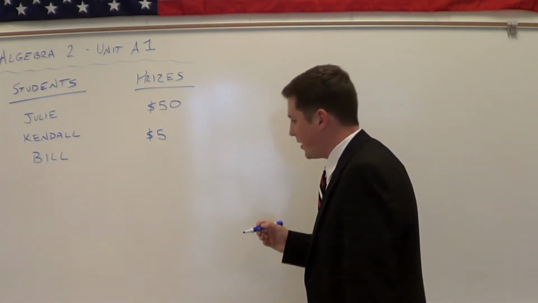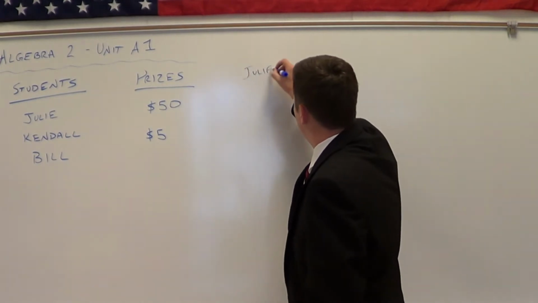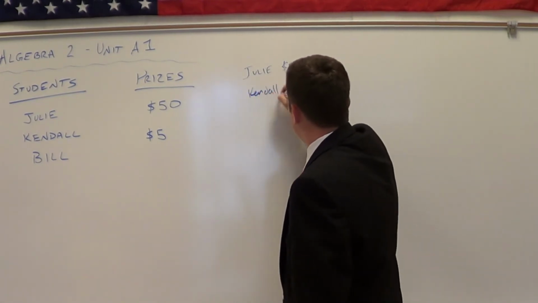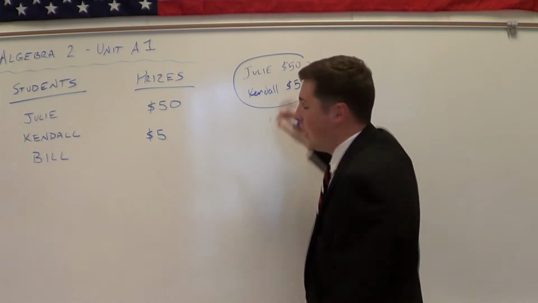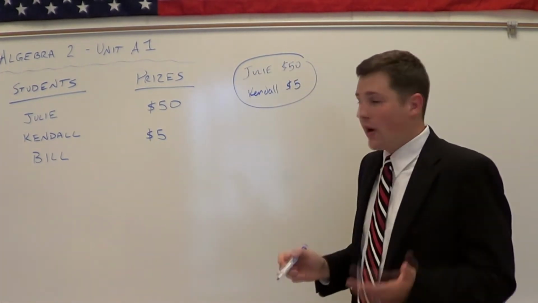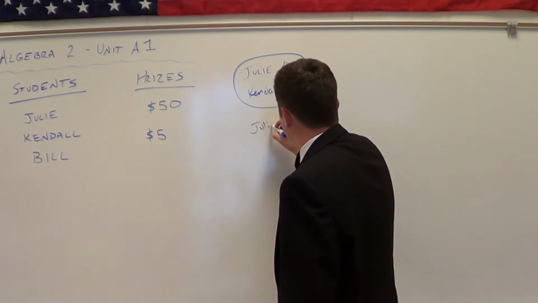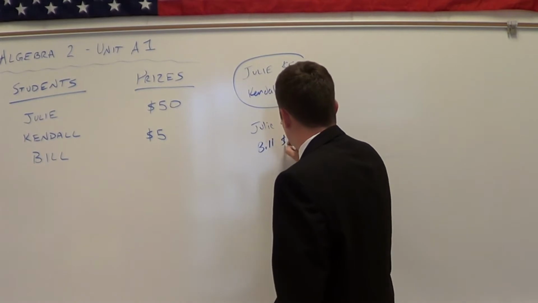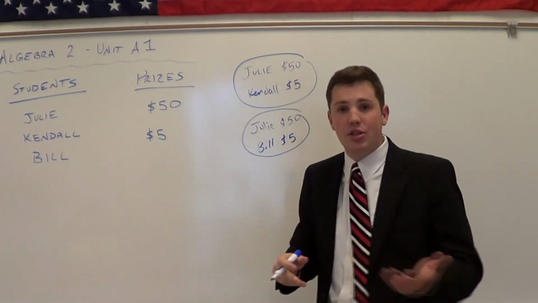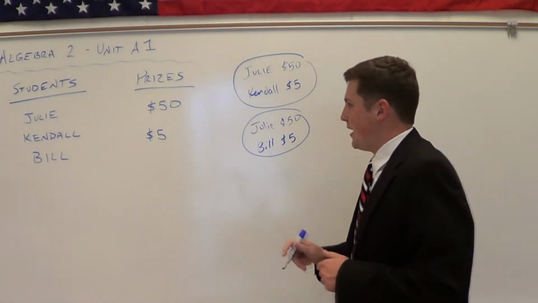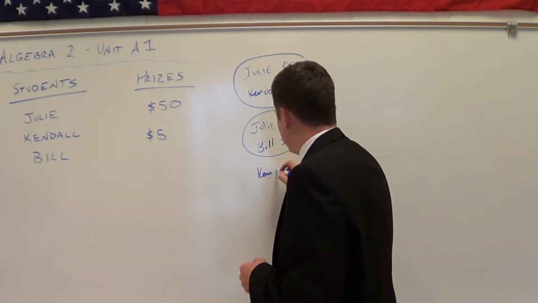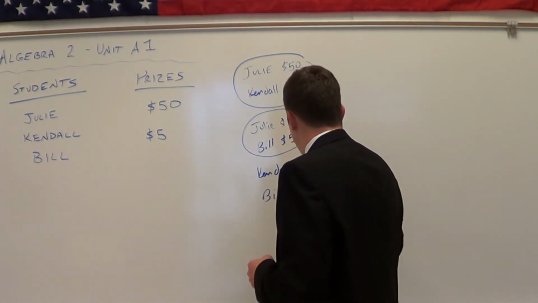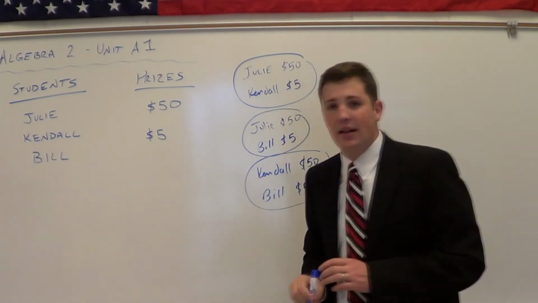Well, one way that it could work is Julie could get $50 and Kendall could get $5. There's one way. Another way would be if Julie still got the $50 and Bill got the $5. That's way number 2. Another way might be, let's say Kendall got the $50 and Bill got $5.